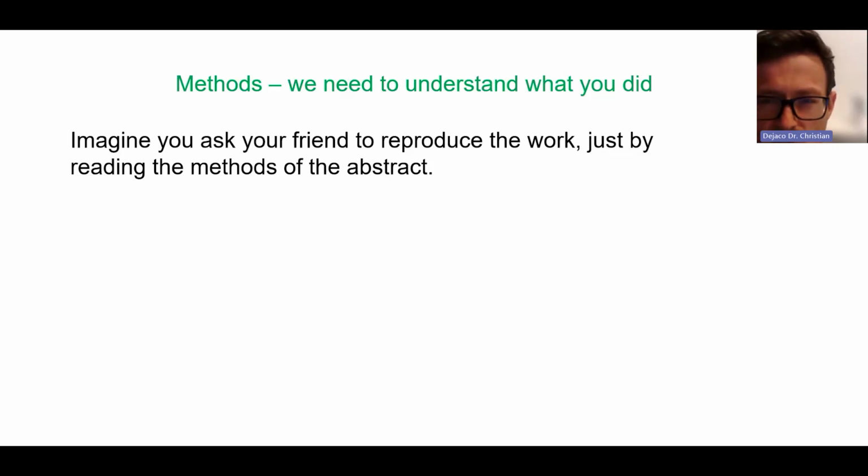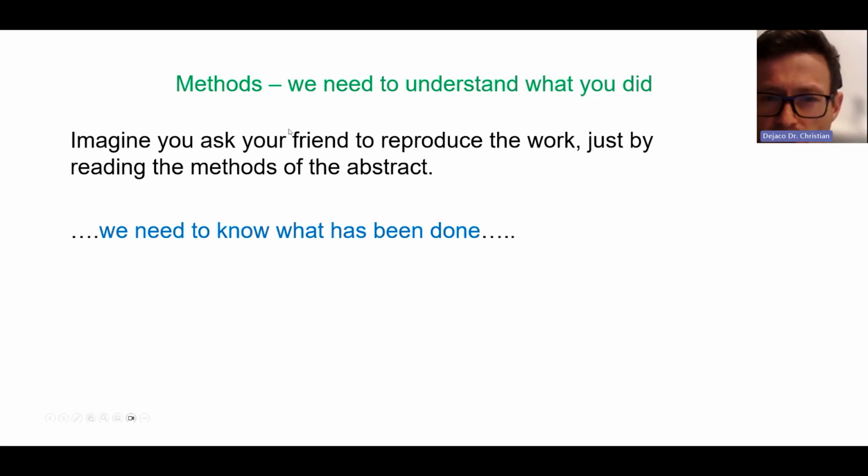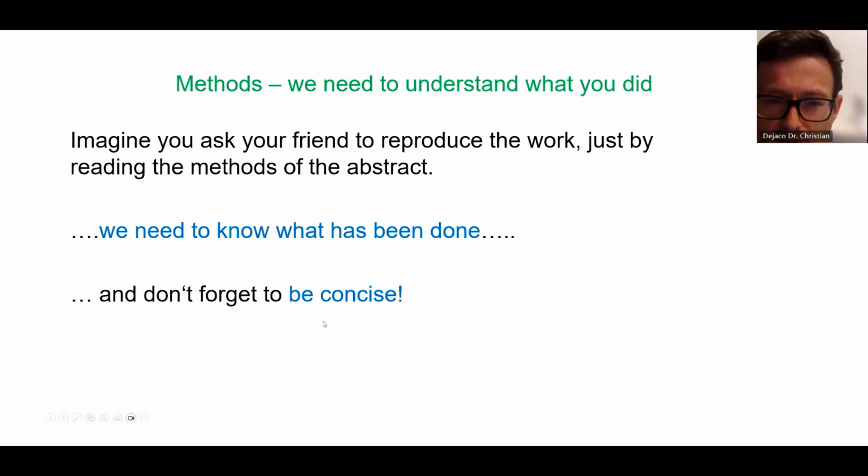Of course, the methods in an abstract cannot contain every detail, that's pretty clear, but at least conceptually, the other person who has never heard about the abstract or the work in general should be able to understand what has been done and what were the individual steps. So really also the reviewer needs to know what has been done in this study.